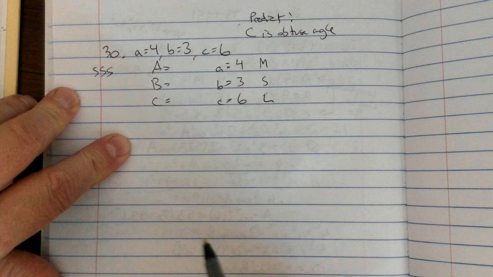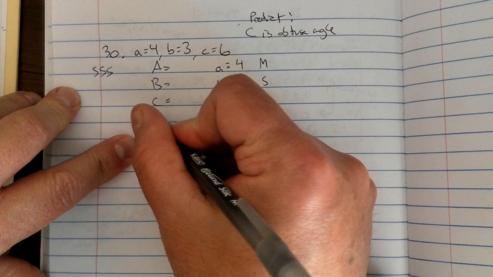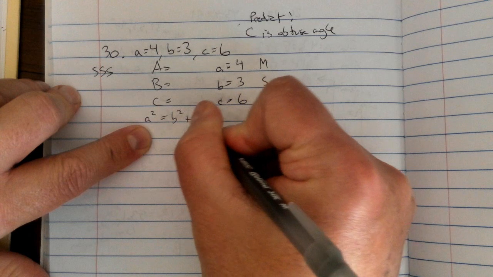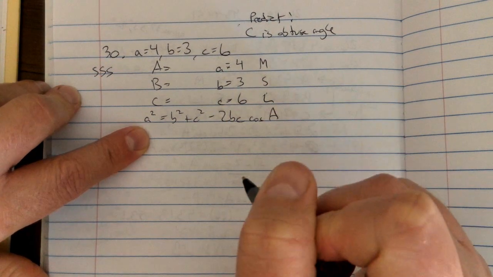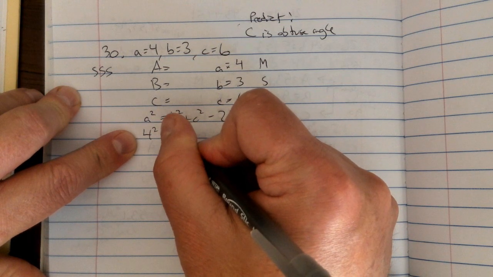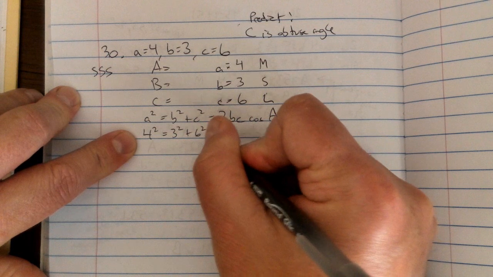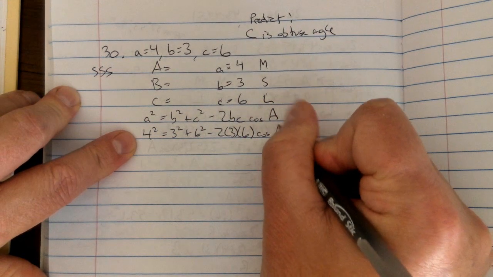And so let's get capital A first. A squared equal B squared plus C squared minus 2BC cosine A. 4 squared equal 3 squared plus 6 squared minus 2 times 3 times 6 cosine A.